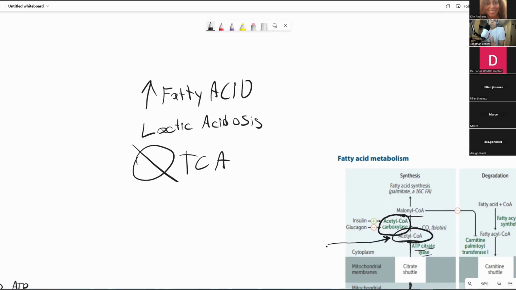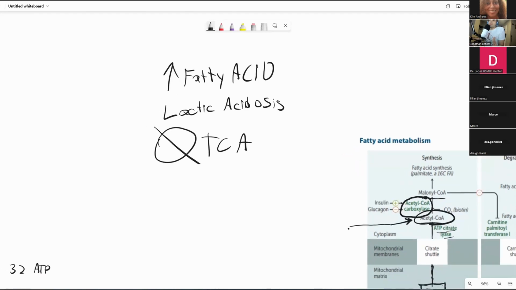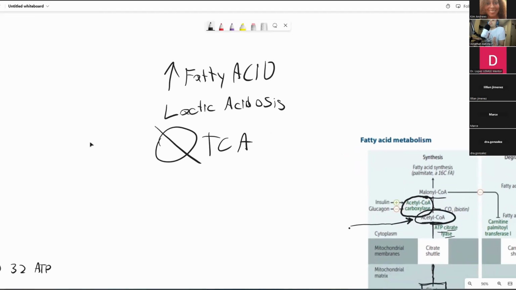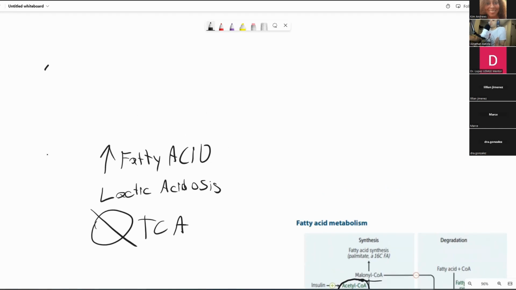Okay. Now, so what is the problem here? What happens? There's one more thing that we need to talk about as well. And this is something that, of course, it's not really found in many books, but you'll see it if you look for it. DHAP. If you guys remember DHAP, this is part of the glycolysis. Shunting everything to create fat and reduce glucose production, so it can lead to hypoglycemia.